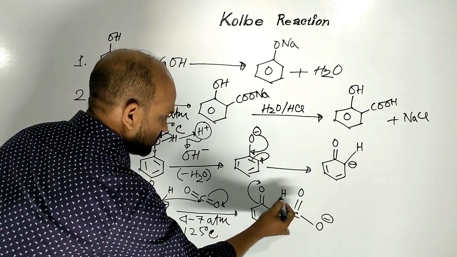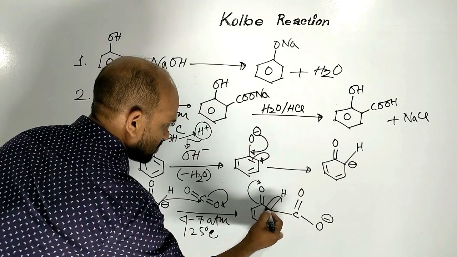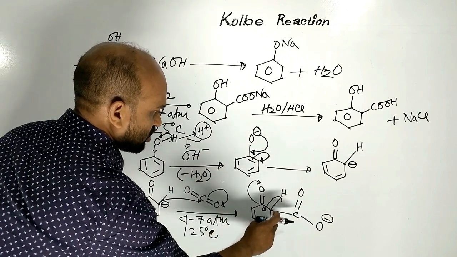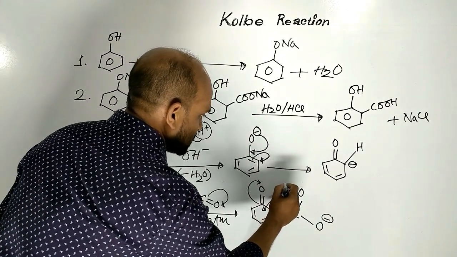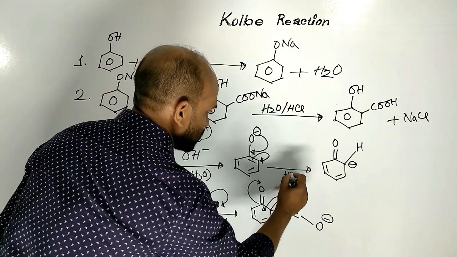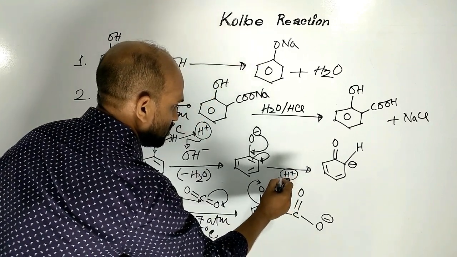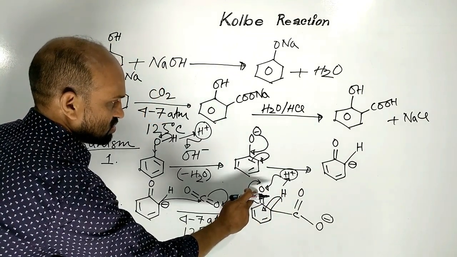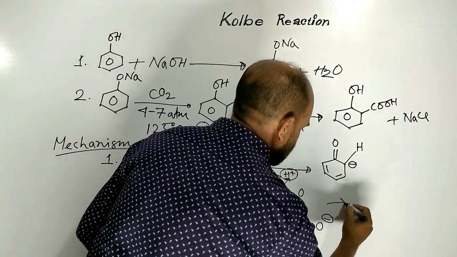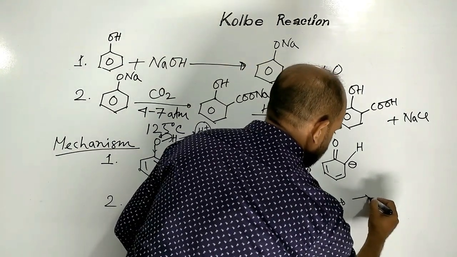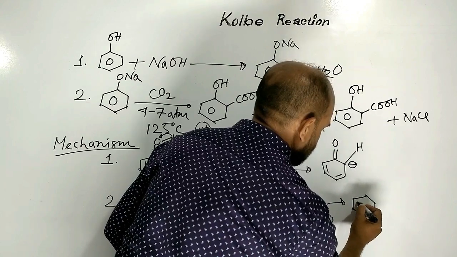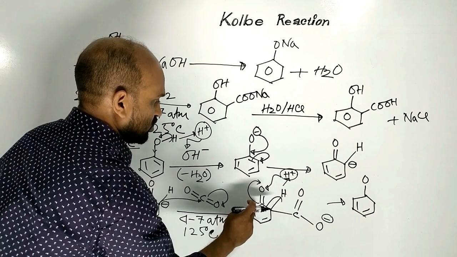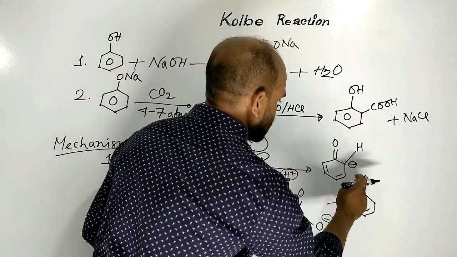These carbon hydrogen bonding electrons turn into carbon carbon double bond. This hydrogen gets freed as proton. This proton combines with this oxygen, negatively charged oxygen. As a result, this is obtained. Now, carbon oxygen double bond turns into carbon oxygen single bond.